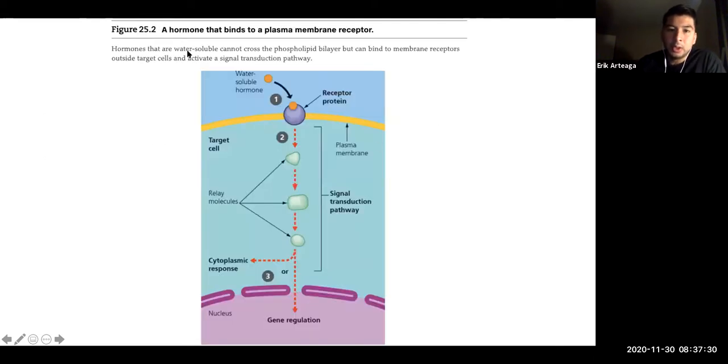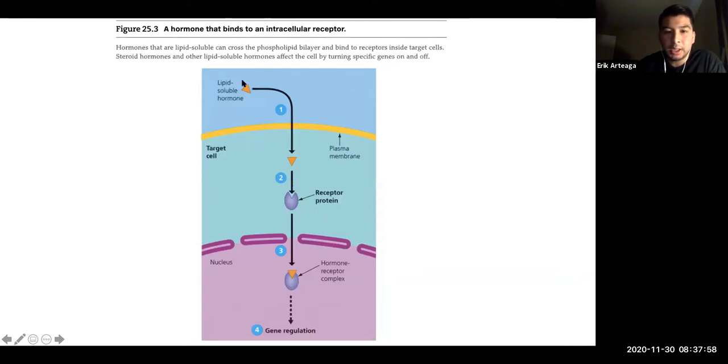Okay. So here we have a water soluble hormone. They're going to bind to a protein receptor on the outside of the cell. Remember, the plasma membrane is a phospholipid bilayer, meaning the lipid bilayer is in between. So this is a non-polar region of the cell. You're going to have fat or non-polar areas within that plasma membrane, which means the water soluble hormone cannot pass through. Whereas a lipid hormone can definitely pass through that lipid bilayer.